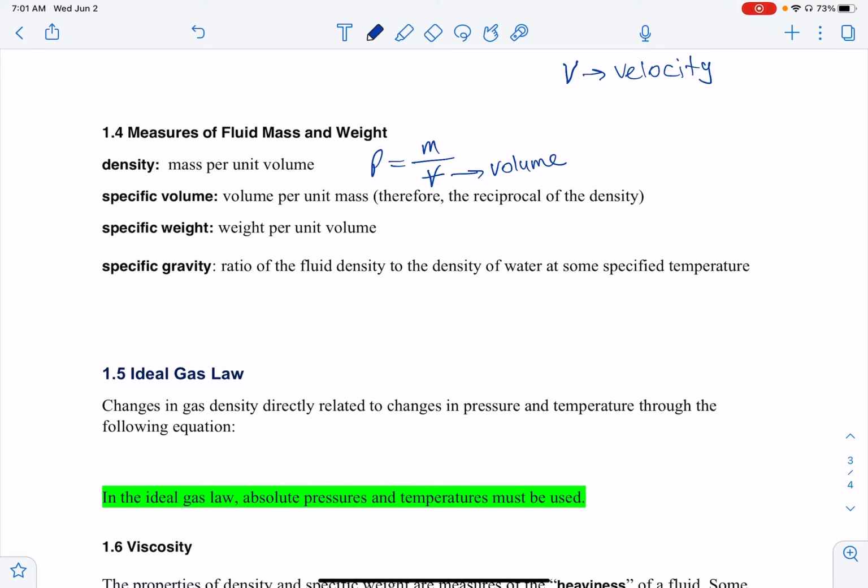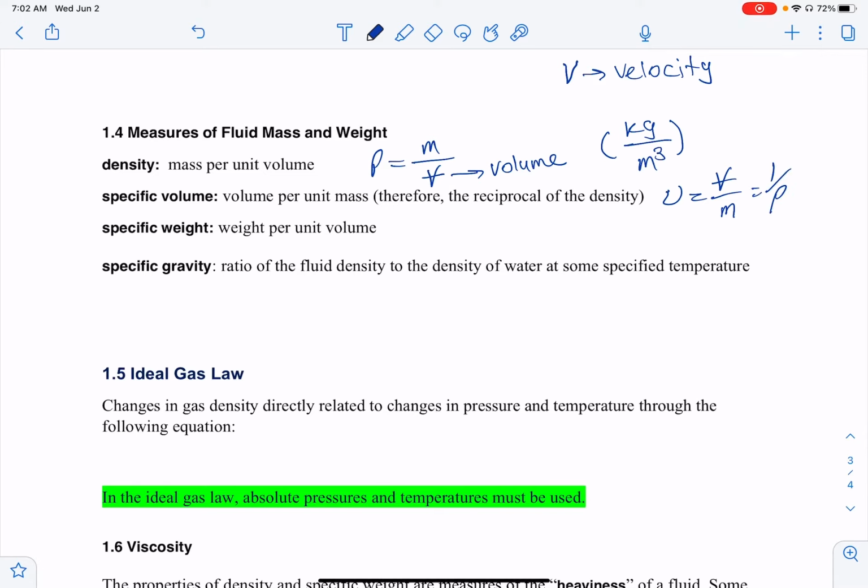So if I want to write down the unit, it is kilogram over meter cubic, and specific volume is volume per unit mass. So nu, the specific volume, is volume per mass, which means it's 1 over rho, right?